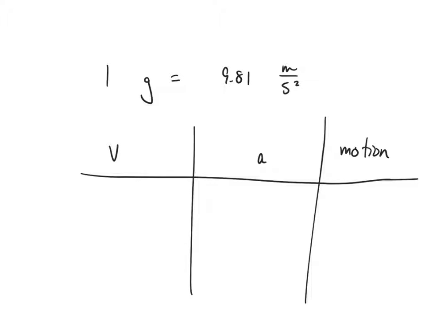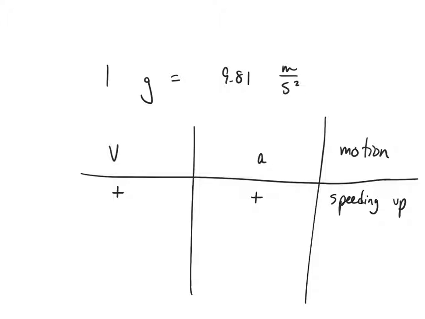For example, if velocity is positive and acceleration is positive, what must be happening to the object? It's speeding up. The fact that the velocity is positive already tells me that. The acceleration also being positive means that the velocity is increasing, thus speeding up.